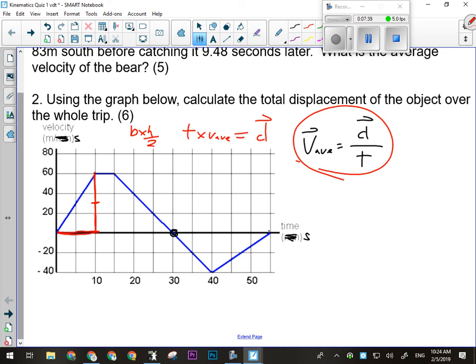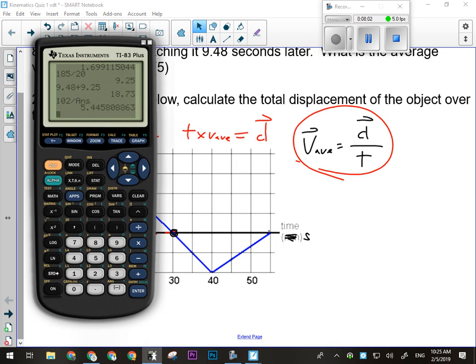All right, so for this first part here, then we have our 30 times 10. So this will be 300 meters. Then we have this rectangle here, which is 60 times 5, so also 300. Then we have this triangle here, which is going to have a height of 60 and a base of 15. I'm not going to do that one in my head. 60 times 15 divided by 2, 450.